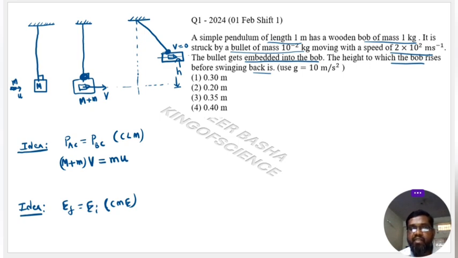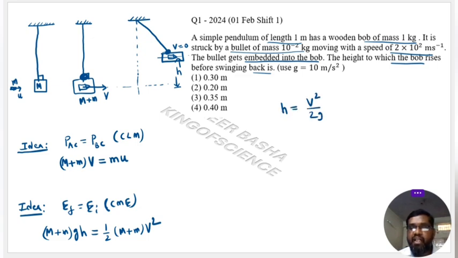Final energy has potential energy only, that is (m plus m) g h. Initial energy has only kinetic energy, half (m plus m) v square. So from this, height h will be equal to v square by 2g.